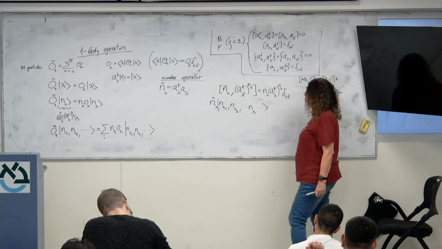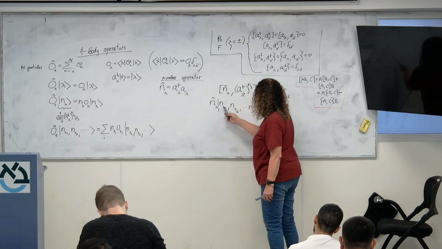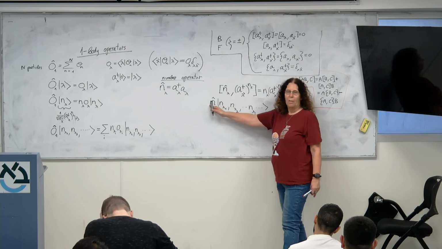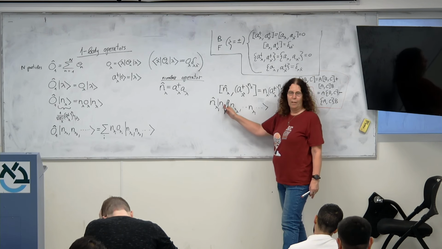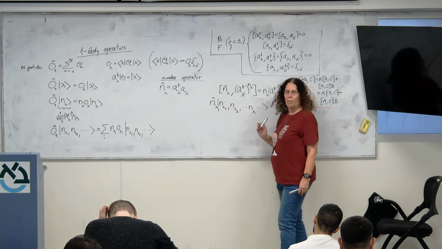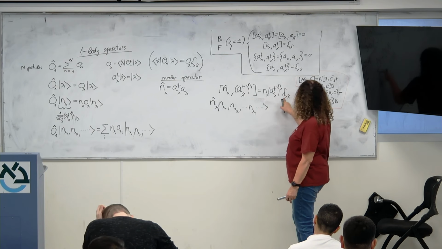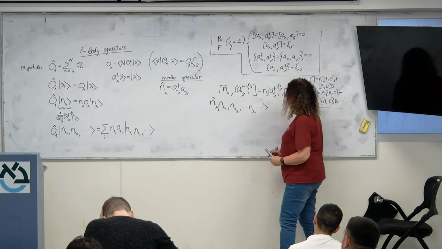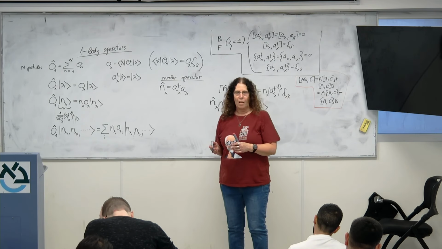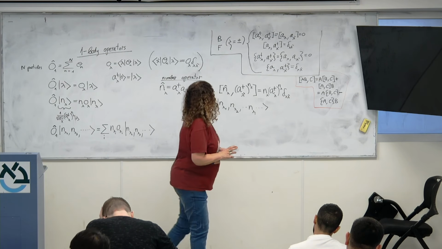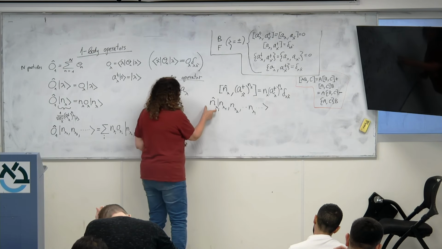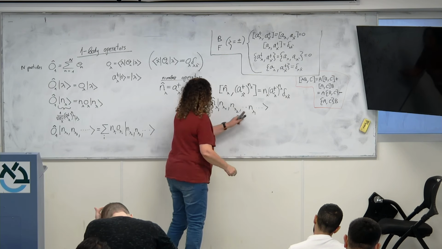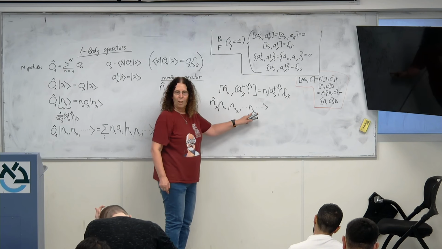So what happens if I act with it on this state? First of all, you see that it commutes with all the n_λ except the one that is the same λ, because of this delta. So if I write this explicitly as a product of all the daggers acting on the vacuum, I can shuffle the number operator until I get to the creation operators at the state λ_i.